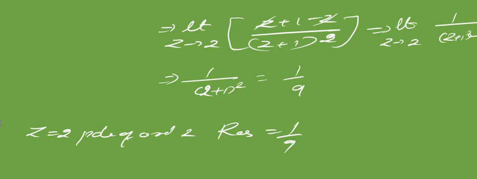The same procedure we need to apply when we have integration. Actually, for this we have not taken integration; we just took the residues at z equal to minus 1 and z equal to 2, and we have got the residue values for the poles minus 1 and 2. When you have an integration on the LHS, then you should think of Cauchy's residue theorem, which is nothing but 2 pi i into the sum of residues.